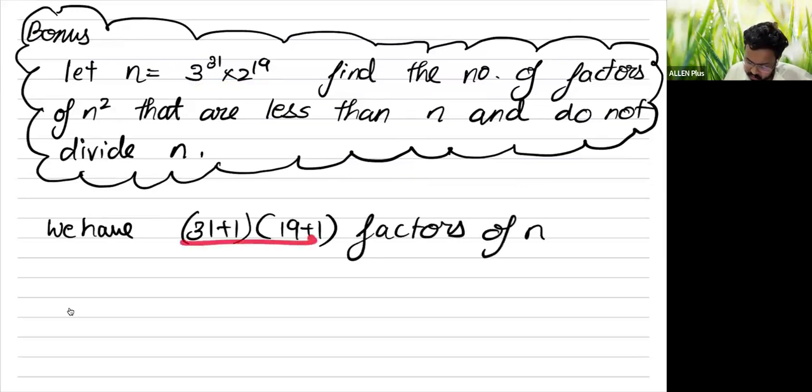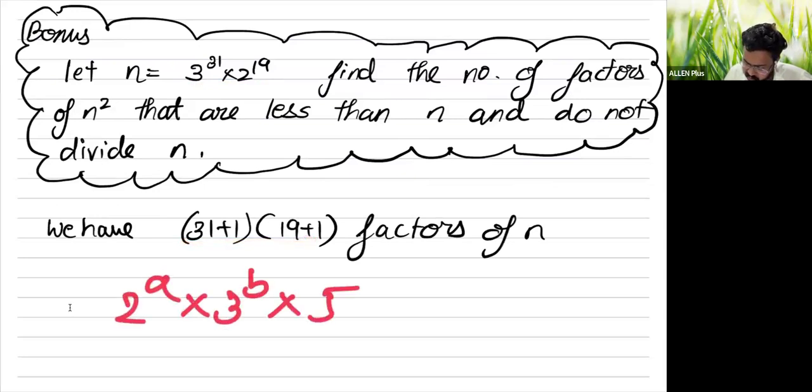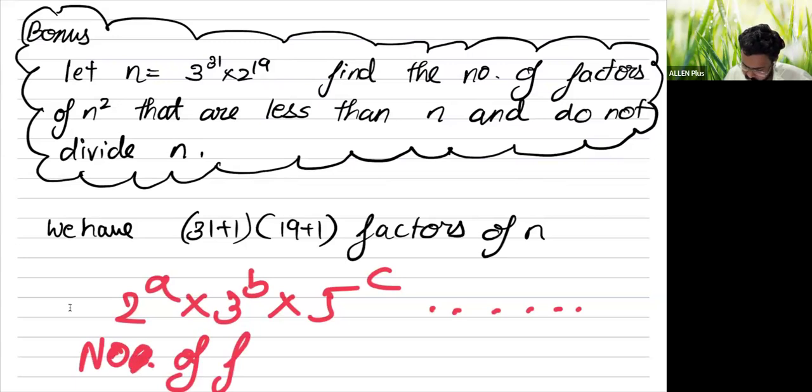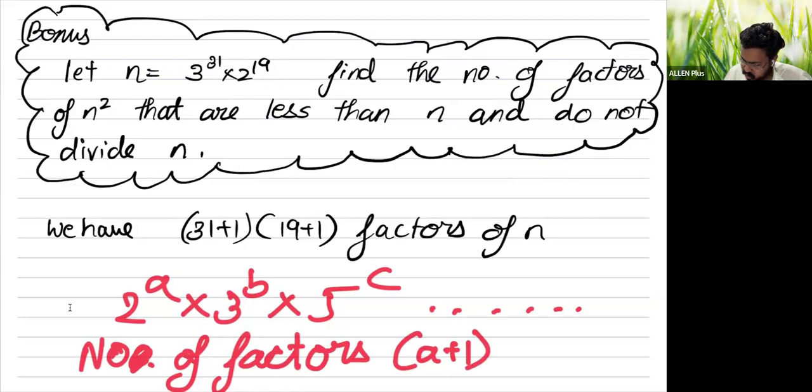And the way to do that is simple. If you have 2 to the power a multiplied by 3 to the power b multiplied by 5 to the power c and so on, the number of factors is simply (a plus 1)(b plus 1)(c plus 1) and so on.